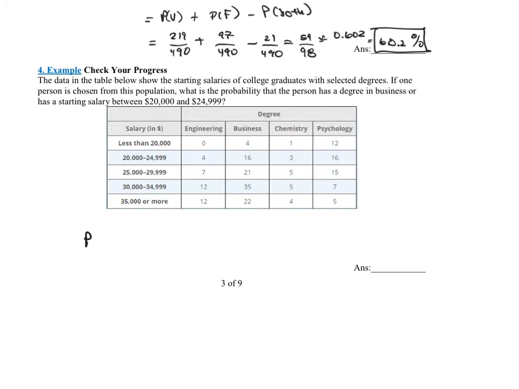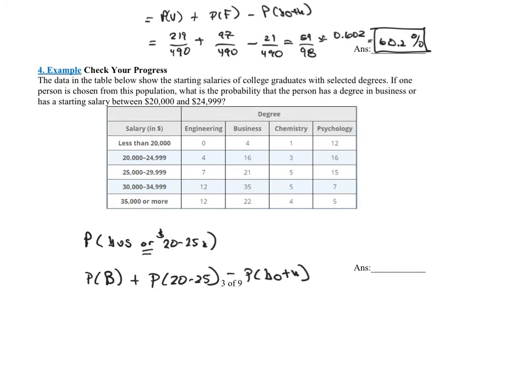It wants the probability that the person has a degree in business, so I'll just write BUS, or that they have a starting salary of 20 through, I'm just going to say 25K. That's not really what it is. It's $24.99, but there it is right there, okay? So let's look at this. It's the word or. Anytime I see the word or, I'm going to think of addition. So I need the probability of business plus the probability of the 20 through the 25,000. But then I always have to subtract off the probability that it's both.